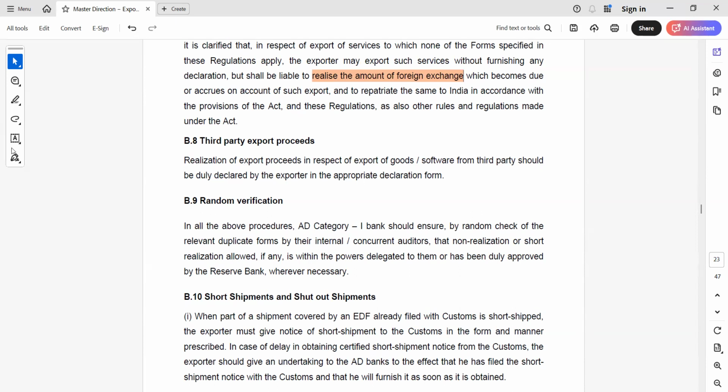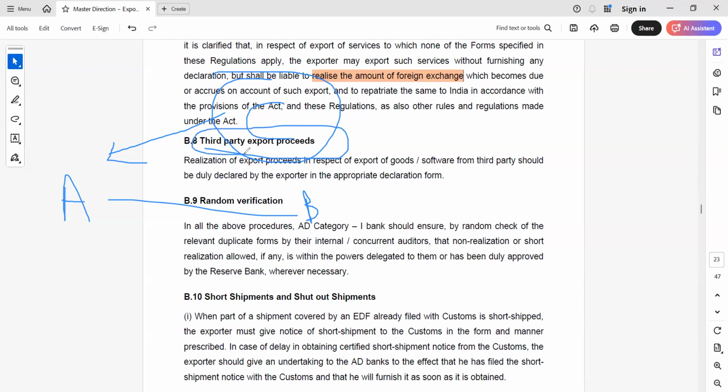So what is happening is that suppose A is doing the billing to B, but he is receiving the payment from C. So this will be called third party export proceeds. In this case, it should be declared in the appropriate declaration form, the name of the third party. Otherwise, this can be a type of money laundering case.